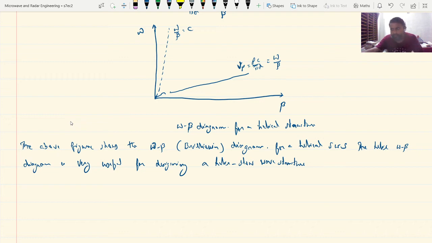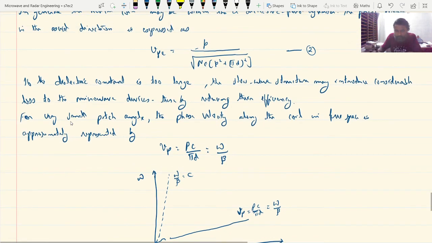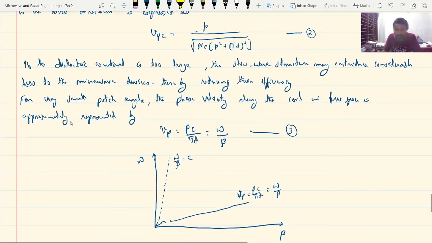So once beta is found, then Vp can be computed by using the relationship, which I call equation 3.